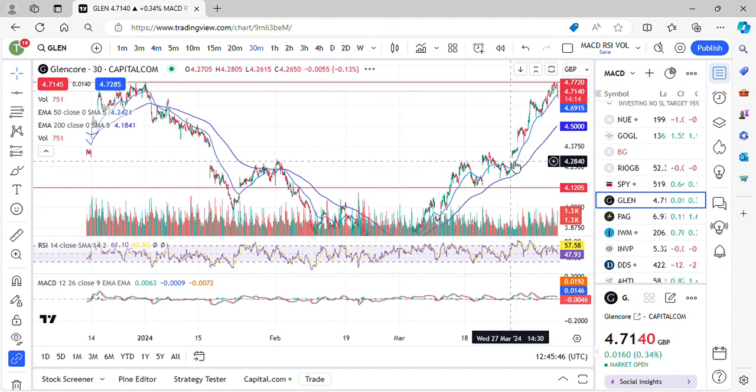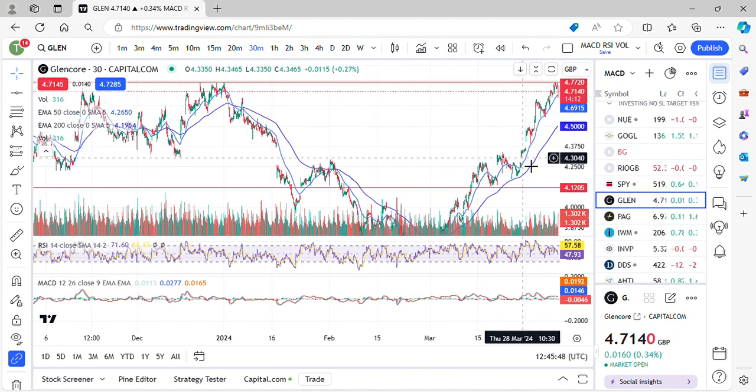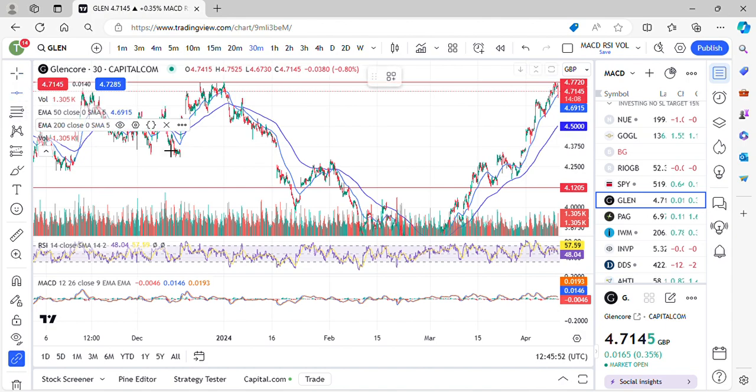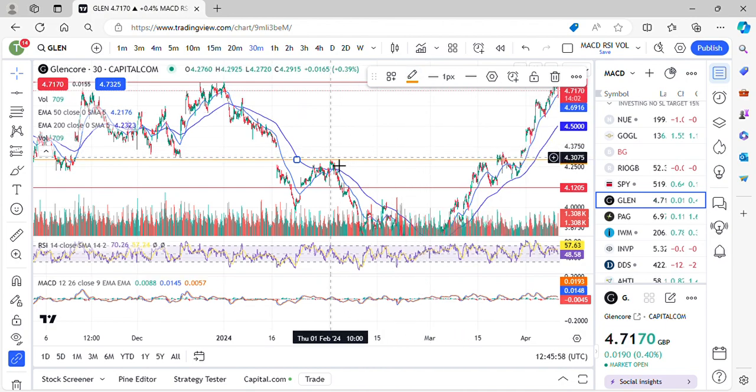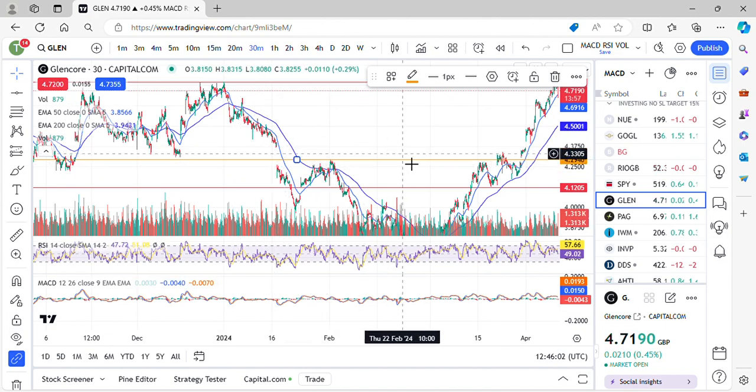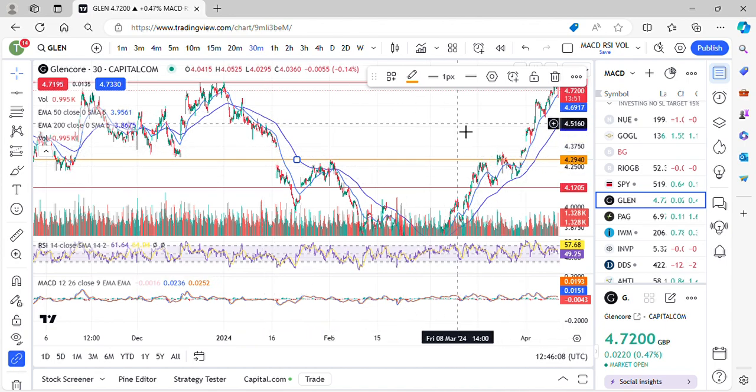So you can see, if I zoom out, there's one here roughly. What I would do in this time frame, so that I can see that it's from the lower time frame support or resistance area, I would draw it in a different colour, and then you can see the price keeps hitting this level and going up, or hitting this level and coming down.